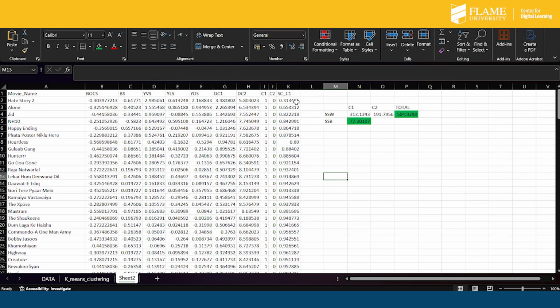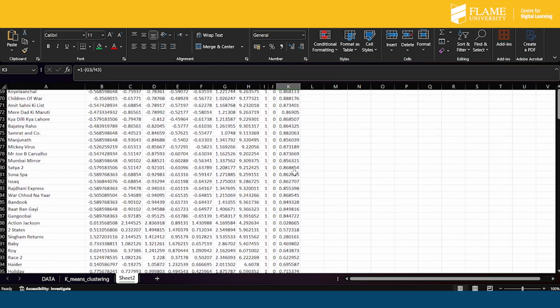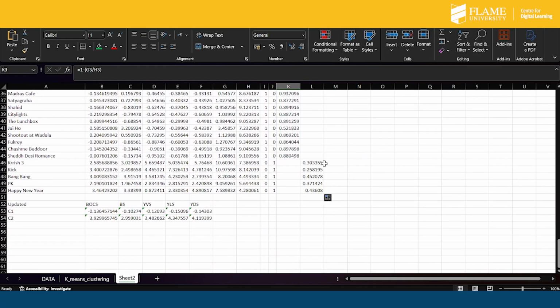And this way you can also easily understand the cluster quality. So let us compare two values. Let's say I randomly take this value: this film, Alone, has a silhouette score of 0.65, and on the other side, for cluster 2, you have Bang Bang, that is 0.45.